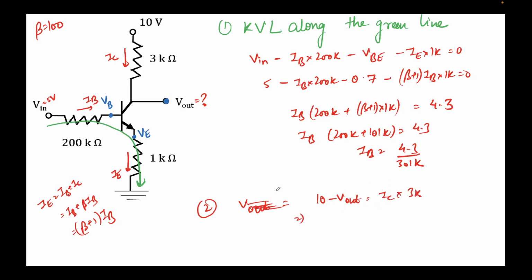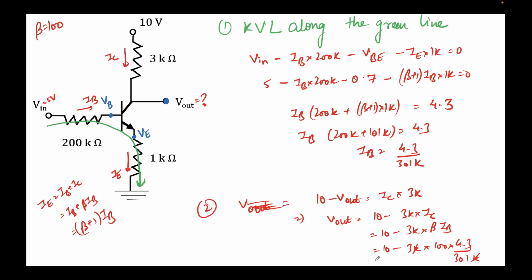Simple Ohm's law across this resistor. So Vout equals 10 minus 3K times IC, and IC is nothing but beta times IB, and beta is 100. So Vout equals 10 minus 3K times beta times IB, where beta is 100 and IB we calculated as 4.3 upon 301K.